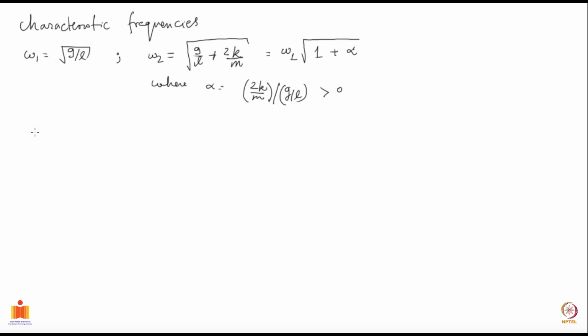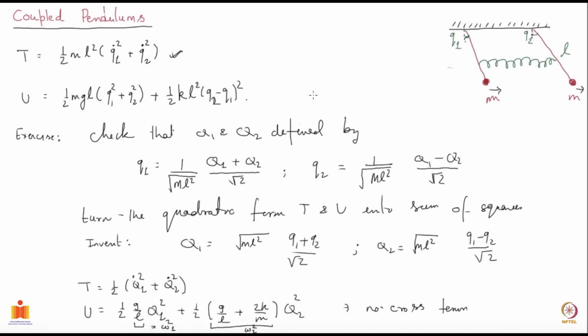Now let's write down whatever I have said. Mode 1: omega 1 is the square root of G over L. That's our mode 1, which means that my Q2 is 0. Of course, this is not active, so the frequency of this one is what I am writing down.